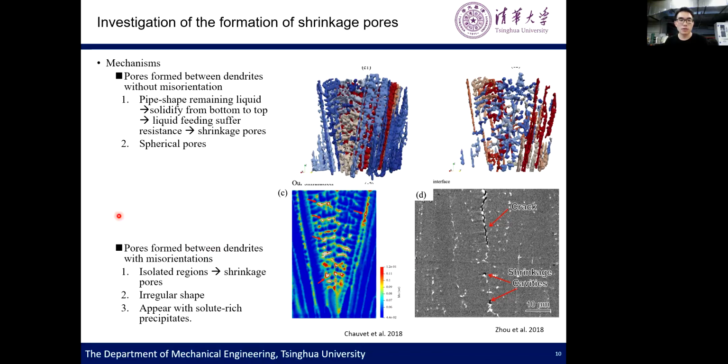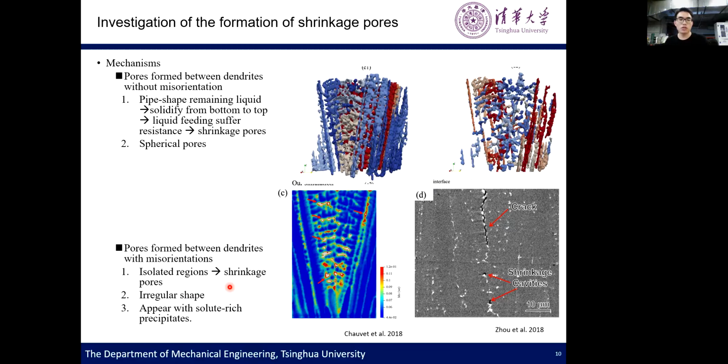In these isolated regions, shrinkage cage pores form. Their formation and growth is restricted by the isolated regions, which are usually of irregular shape. So these shrinkage cage pores are usually of irregular shape.